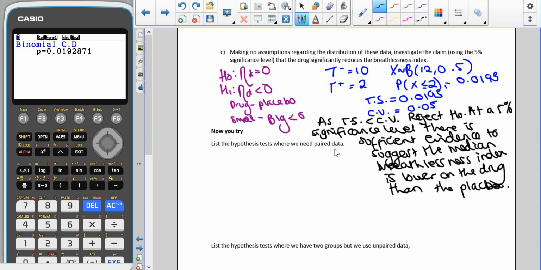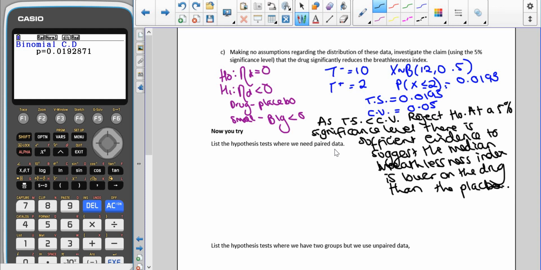Now, if I was being asked how I would improve this experiment, I would actually have a look at the difference, because depending on the severity of the breathlessness that they originally experience, if they have a severe breathlessness attack or asthma attack or whatever it is that they're doing, then the severity of it initially will affect what their breathlessness index is an hour later.